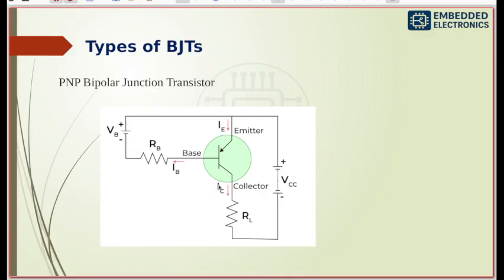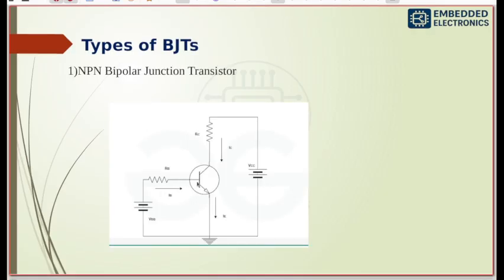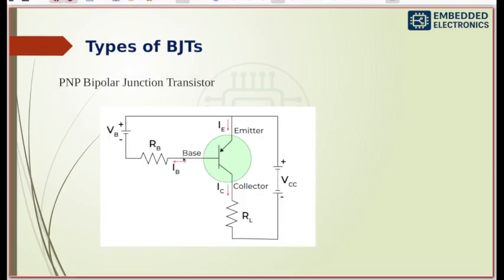Because of the forward bias, holes move from the emitter to the base. This flow forms the emitter current. Here the hole flow direction is the same as the conventional current direction. See, here the direction is the same, but in the previous case the direction is different.